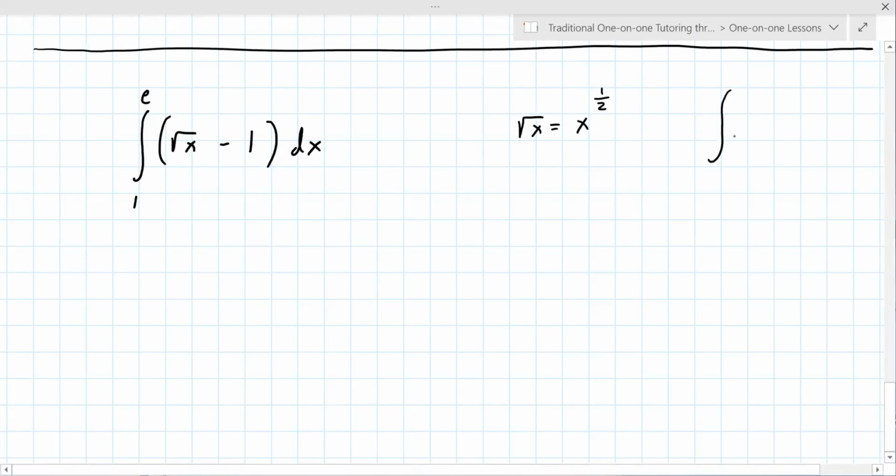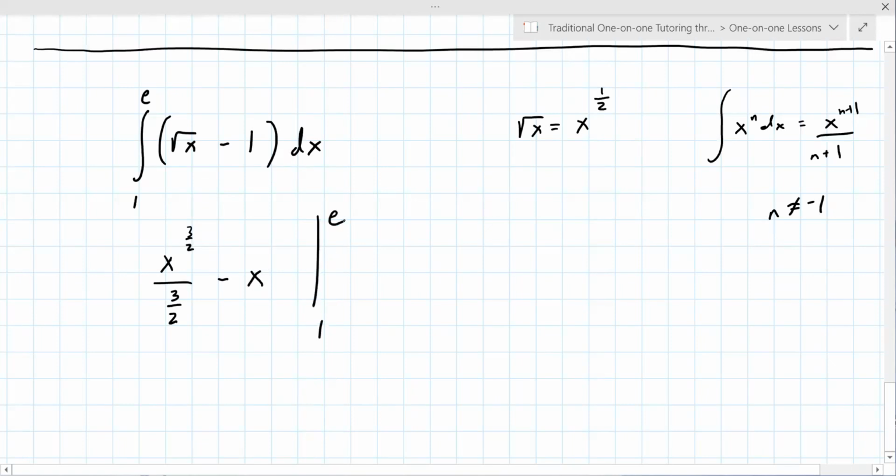So remember, you're adding 1 to 1/2, right? Yeah. You add 1 to whatever the exponent is. So then that's over that, and it works unless n is negative 1. So x to the 3/2 over 3/2, minus 1x, at e and 1.